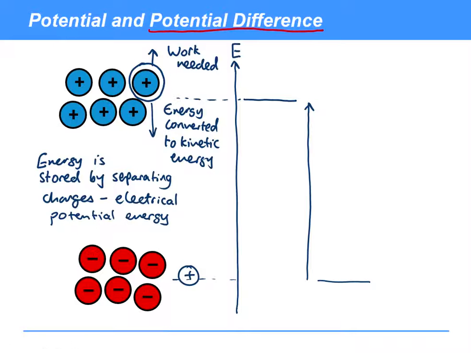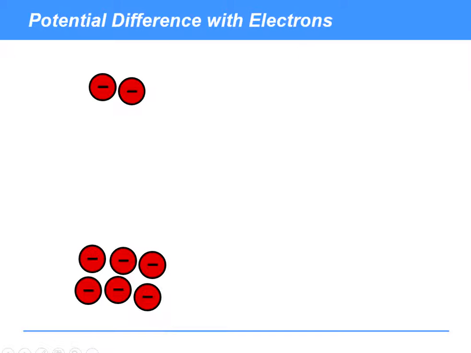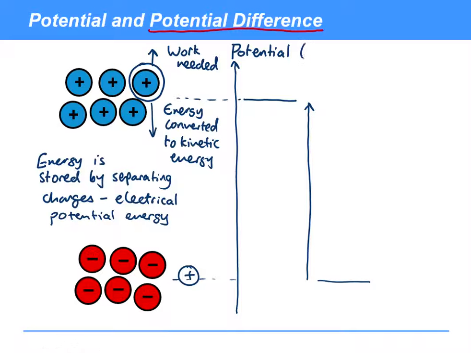So as we don't really want to have to worry about that, it's convenient to have a measurement which isn't in terms of energy, but is actually in terms of something called potential. So if, instead of measuring the energy, we measure the potential, which is the energy divided by the charge, then it doesn't matter what size the charge is, we just get a measurement of the energy needed per 1 coulomb of charge.